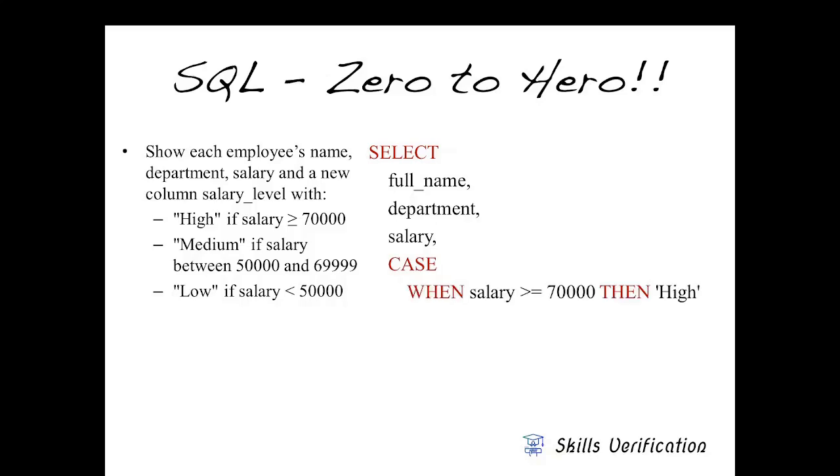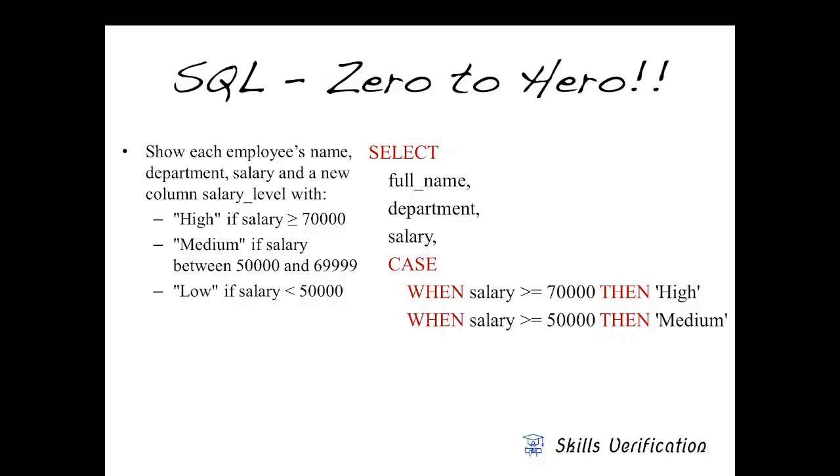When salary is greater than or equal to 70,000, then high. You realize that this is exactly what the question is telling us to do. It says high if salary is greater than or equal to 70,000. To meet the second expression, we continue by saying, when salary is greater than or equal to 50,000, then medium.